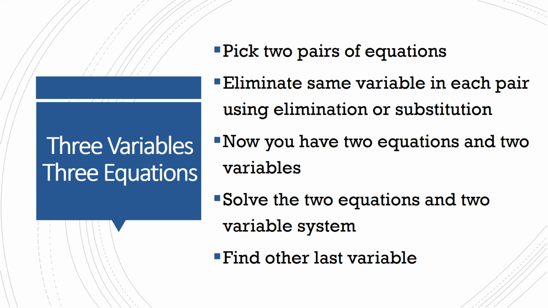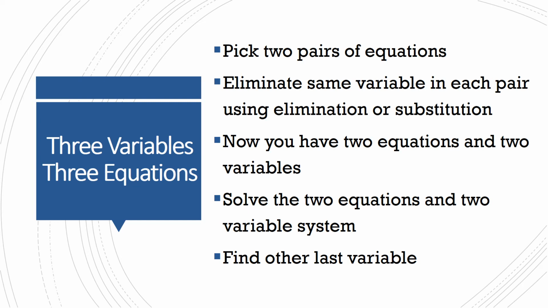Once you've eliminated the same variable in each pair of equations, then you'll be left with two equations and two variables. With those, we can solve using the previous methods that we've looked at.